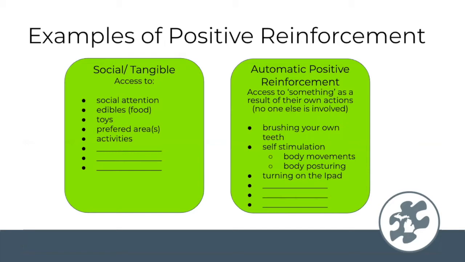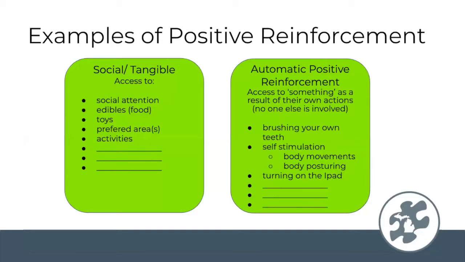Automatic positive reinforcement is access to something as a result of their own action. No one else is available, around, or present. So brushing your own teeth, oftentimes we've used self-stimulation, so body movements or body posturing. Turning on your iPad, which would be paired with the tangible on the left-hand side there. But being able to access that device on your own would be that independent part of this automatic positive reinforcement category.